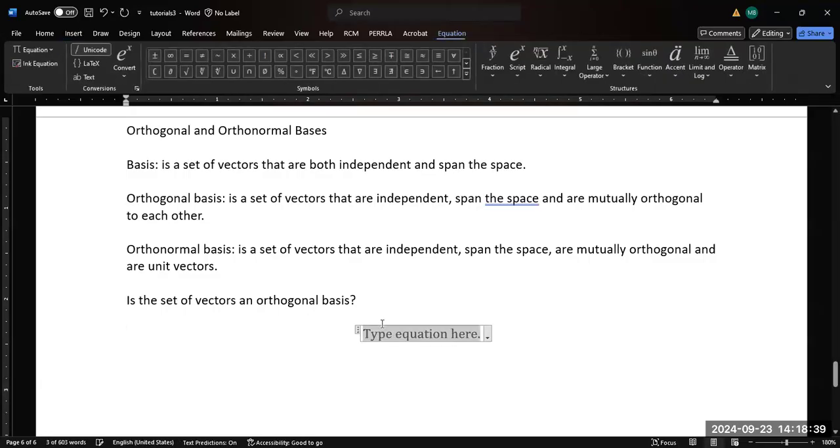So 3 vectors: 1, -1, 1; 1, 2, 1; and -1, 0, 1.